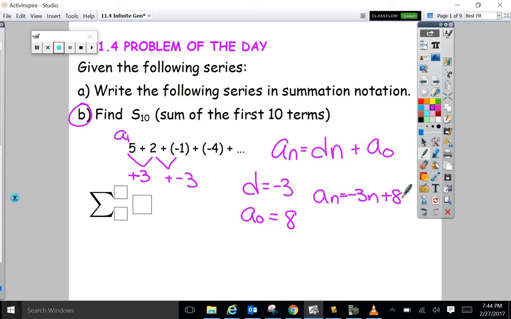In your summation notation, that goes right in this big box here. That's our rule. And we're starting from n equals 1, because our a sub 1, 5, was our first term. And the 3 dots at the end means that it's going on forever. So a starting at 1 to infinity. And that would be in summation notation.